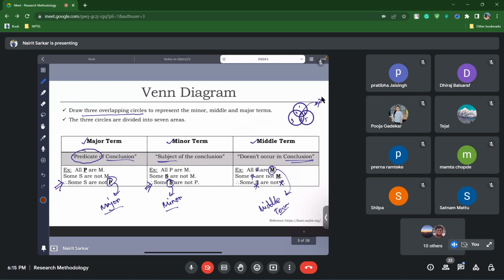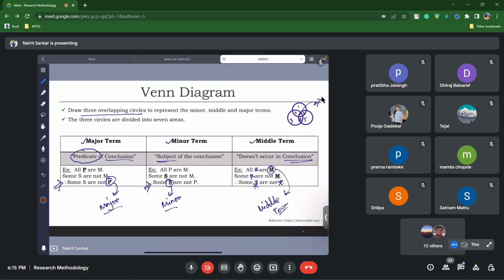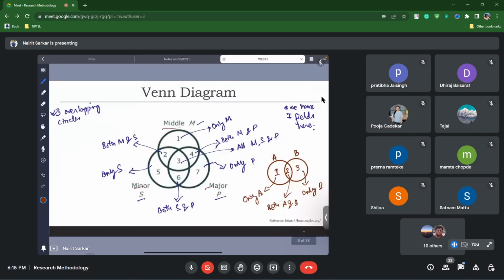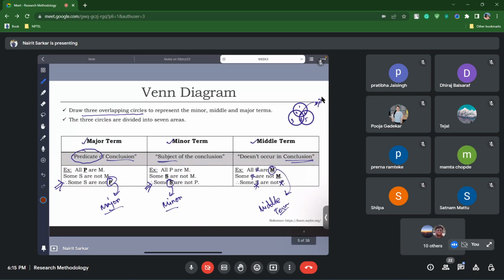So what are the major, minor and middle terms? The subject of the conclusion is the minor term, the predicate of the conclusion is the major term, and the term that remains is the middle term. In a Venn diagram, as we saw, we draw three overlapping circles, and they are divided into 7 areas.